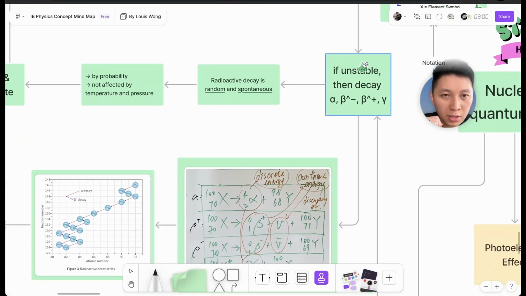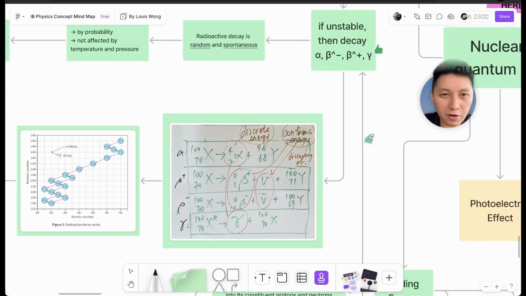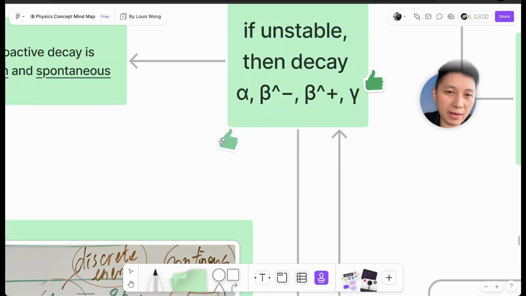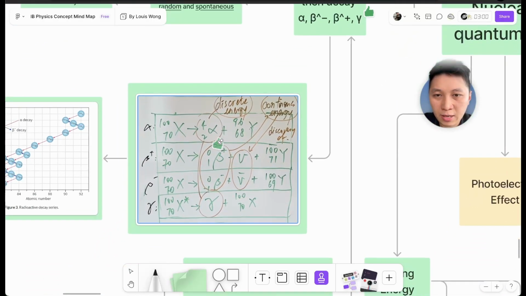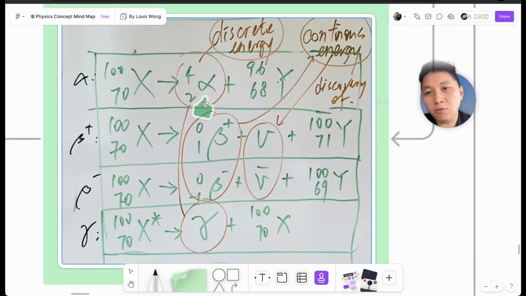Anyway, these are the different decays you must have heard of, and probably something new compared to middle school is that you now have beta minus and beta plus decay. For the equations, allow me to use this hand drawing. You need to know alpha is basically a helium nucleus, that's 4-2, with 2 plus, and then beta minus and beta plus are like this: 0, -1, and 0, +1.